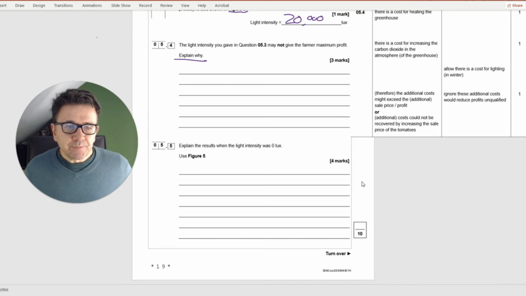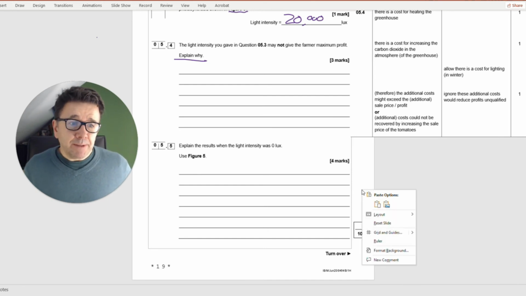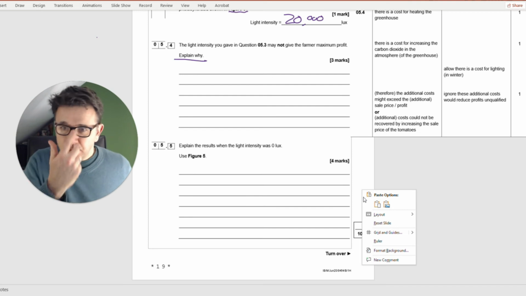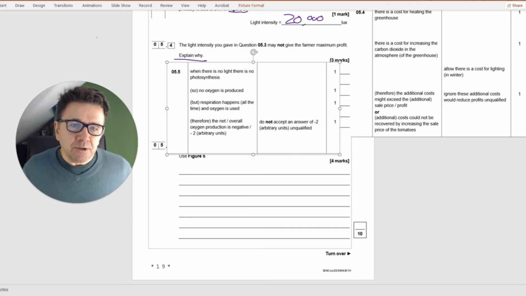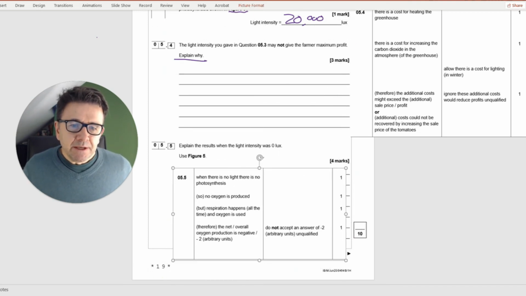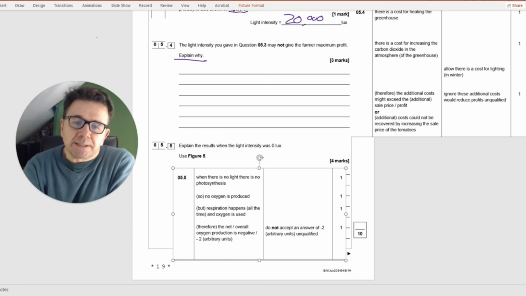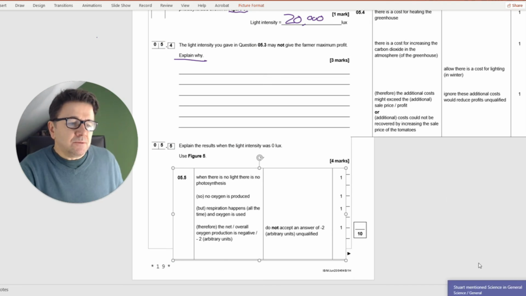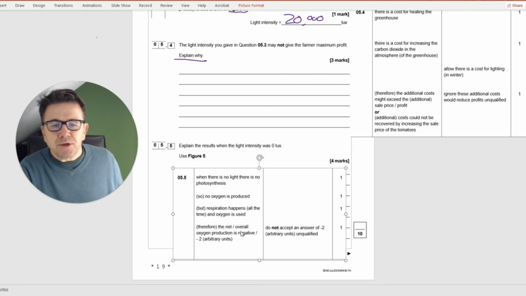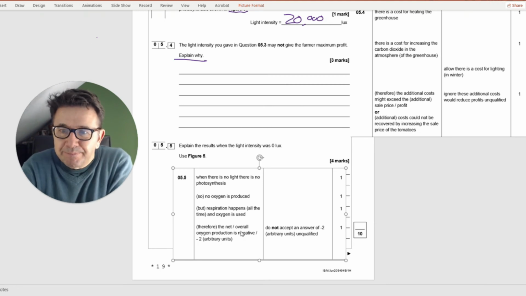So what's it being used for? Well, it's not being used for photosynthesis because there's no light, but it is being used for respiration. So I think the first 2 points most people got, where there's no light, there's no photosynthesis, so no oxygen is produced. However, it's being used. So what's using it?